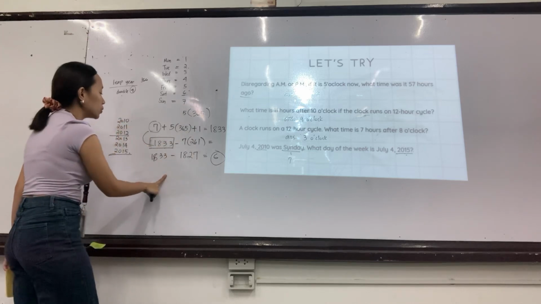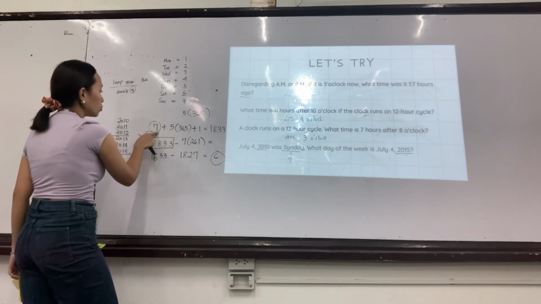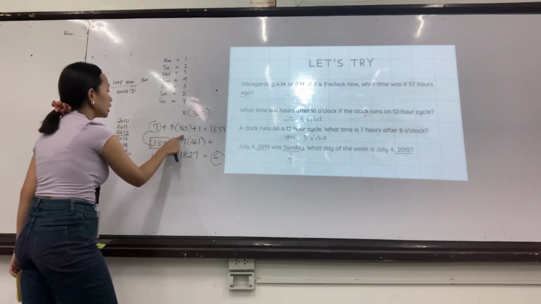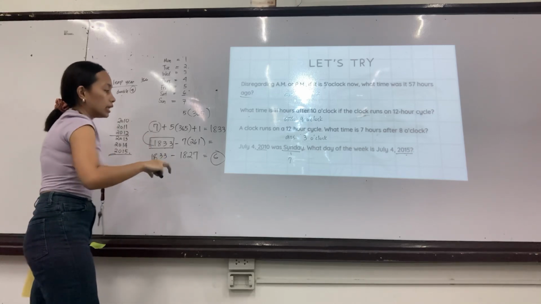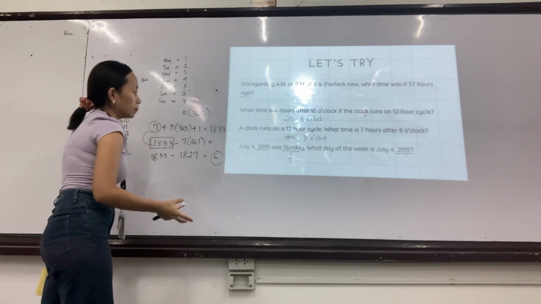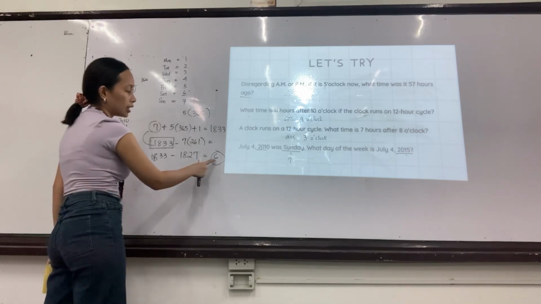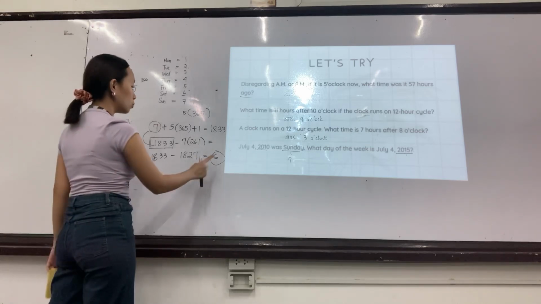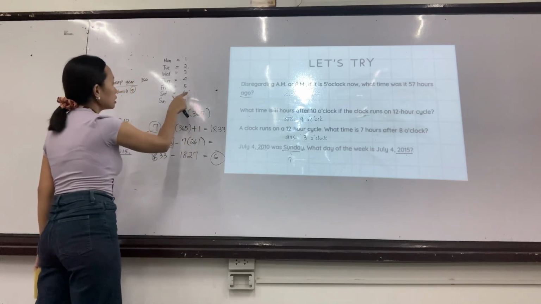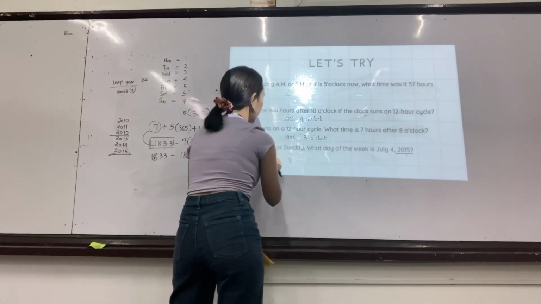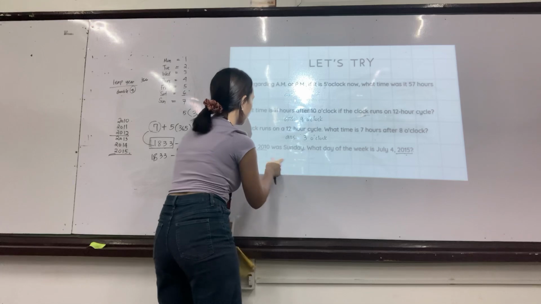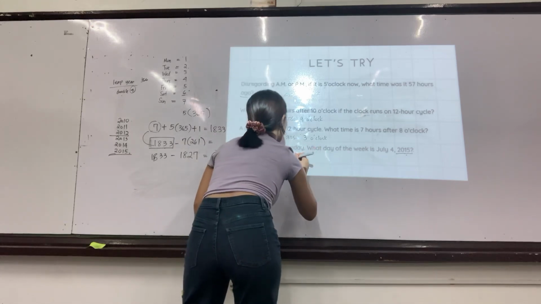All we have to do is look for the multiples of 7 that we can subtract in order to come up with the least positive number possible. Okay, so we got 6. So this means that the answer for this problem is Saturday.